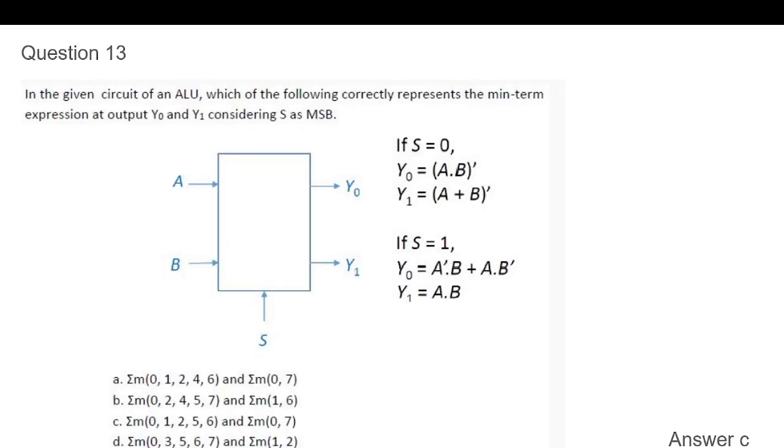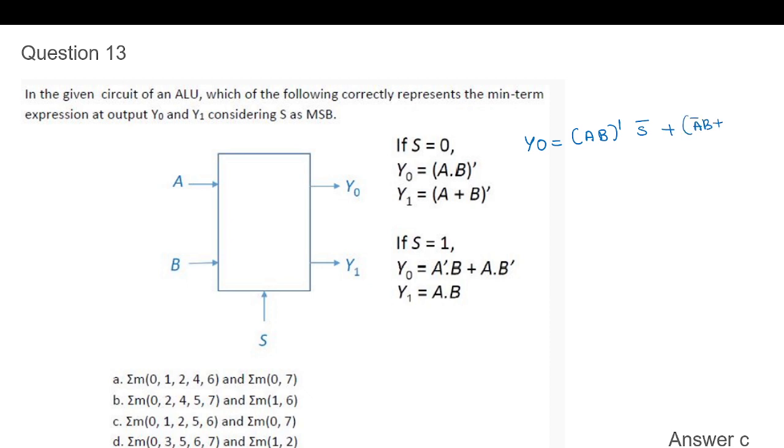And the next question. In the given circuit of ALU, which of the following correctly represents the min-term expression of Y0, Y1, considering S as MSB? So we can write Y0 as (AB)' S' plus, what is the equation when S is 1?